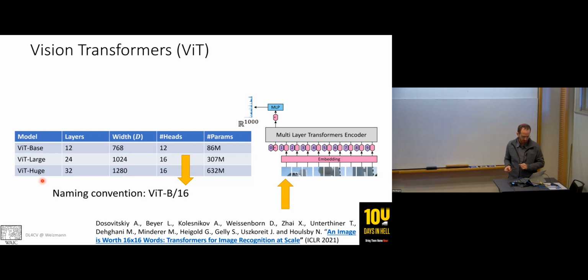The number says the patch size. So ViT B16 means we have a base architecture with patches of 16 by 16. You can see ViT base with patch of 8. Sometimes there's patch 14, 32. These are roughly the numbers you can come across.